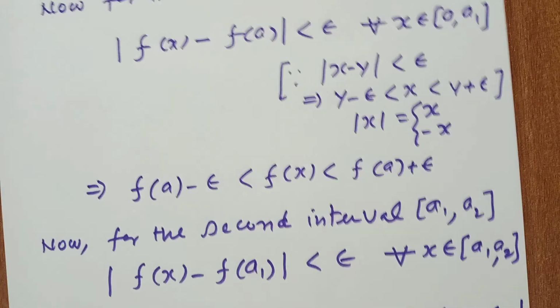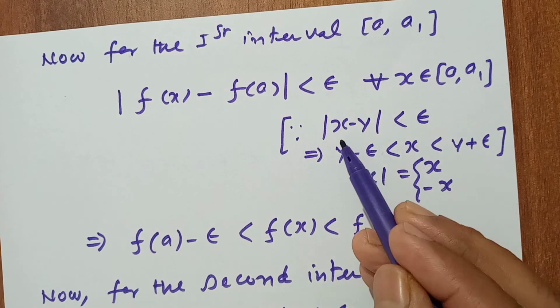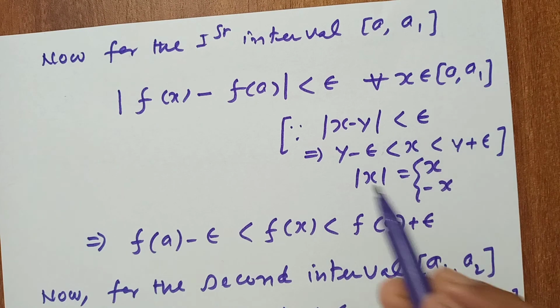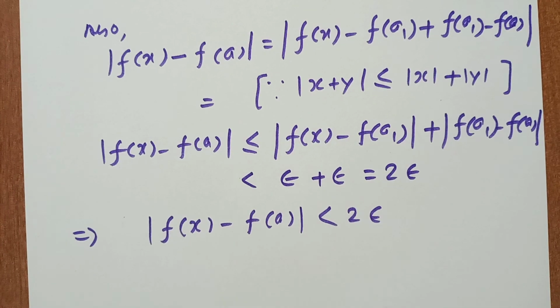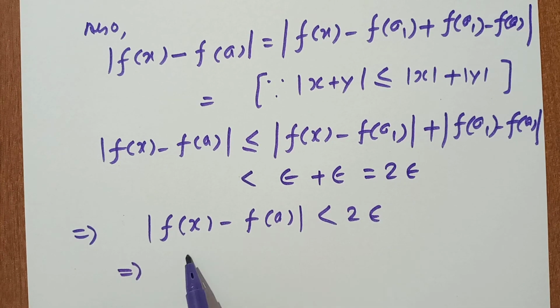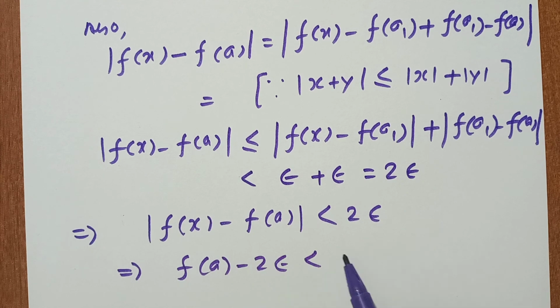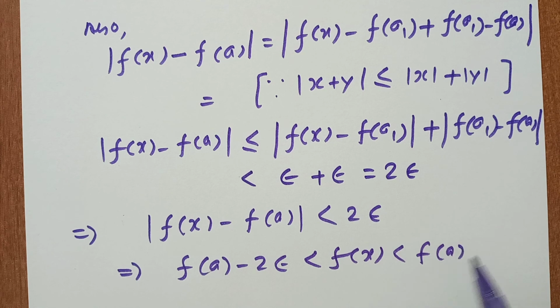Similarly, using the property |x - y| < epsilon implies y - epsilon < x < y + epsilon, this implies f(a) - 2 epsilon < f(x) < f(a) + 2 epsilon for every x in [a1, a2].